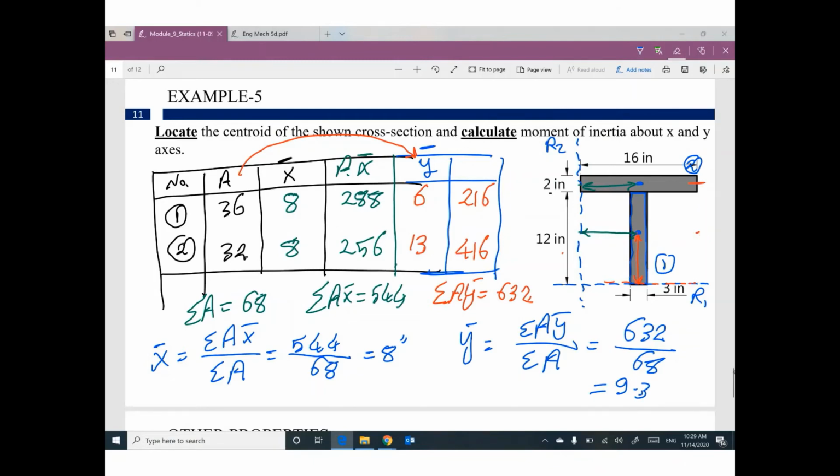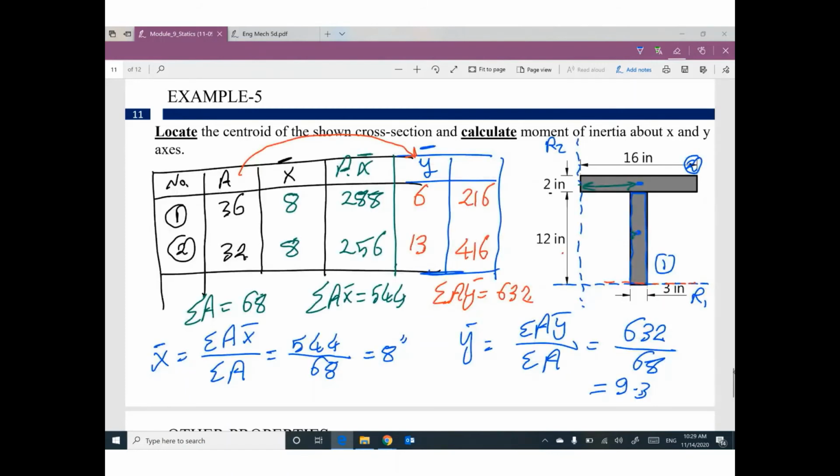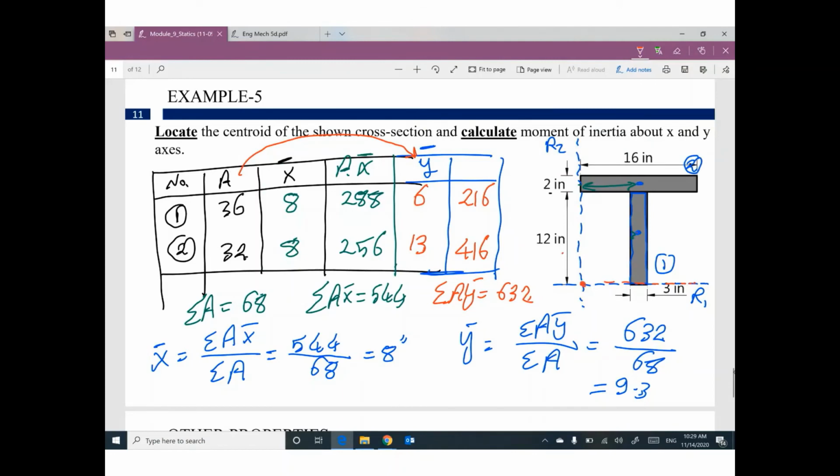I will clean up. So guys, from the origin of the assumed reference, I will move horizontally a distance equal to 8, and I'm going to move vertically a distance equal to 9.3. This point will be the centroid for the whole cross section.